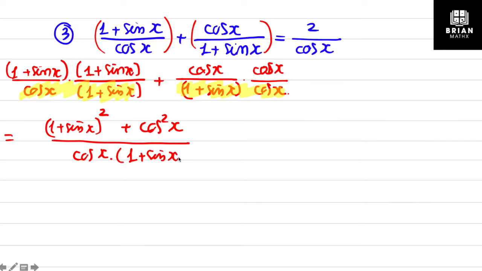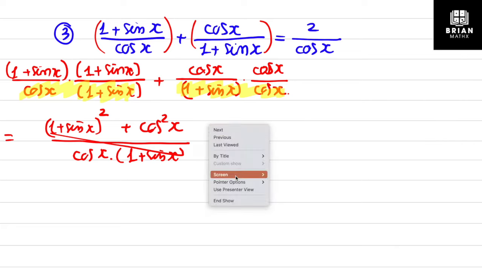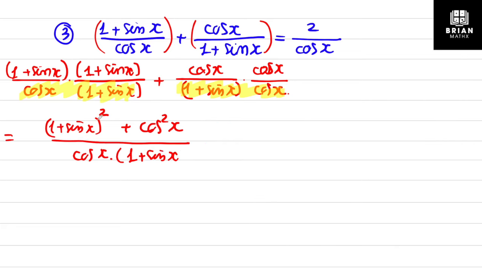over cos x multiplied by (1 plus sine x). And here we can apply algebra for the expression (1 plus sine x) squared. Remember the algebra identity: (a plus b) squared equals a square plus 2ab plus b square. So apply this to this question.